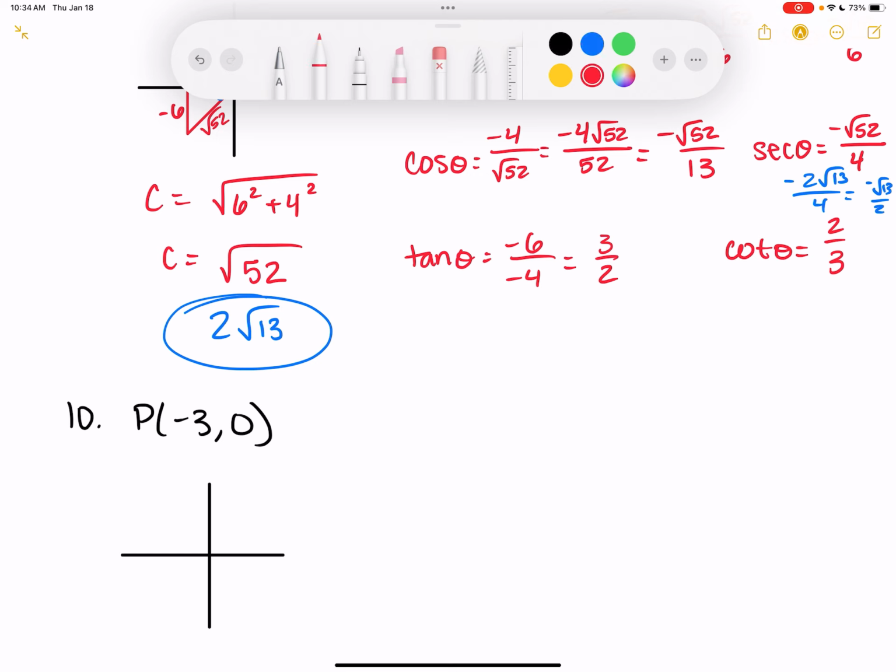So that's going to be basically over here. That's nice. So that's negative 3.